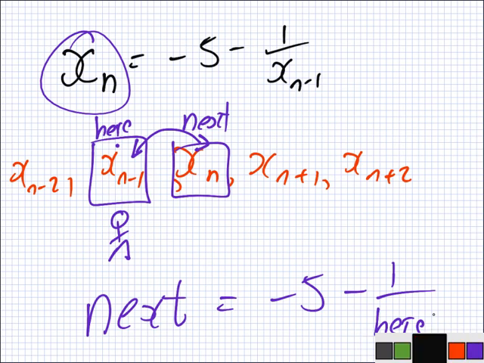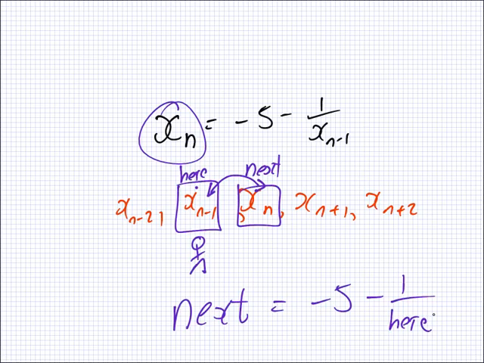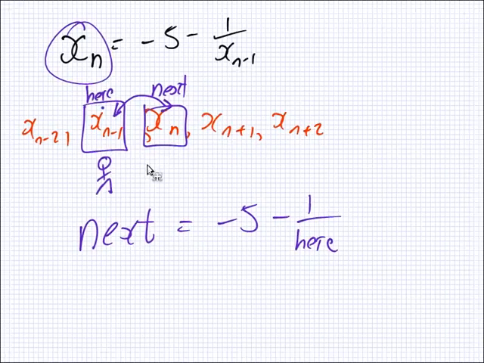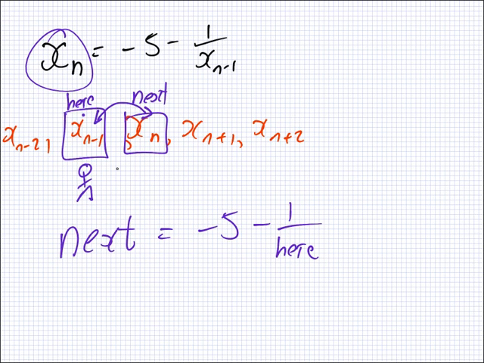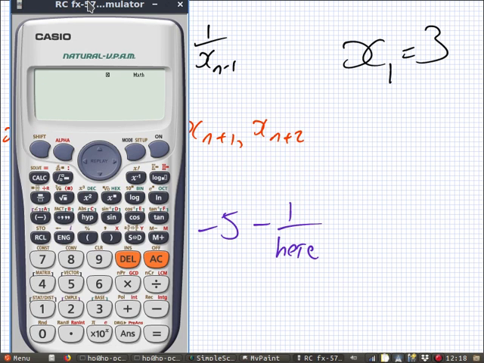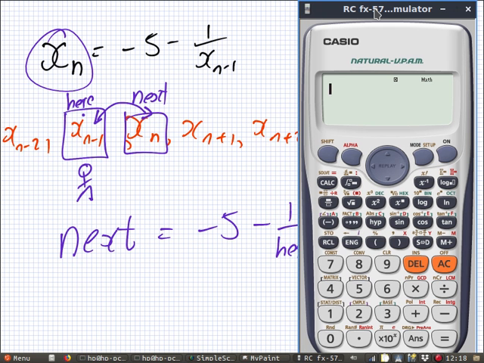Now, I'm going to show you how you can use the calculator to generate the terms rather quickly. I also need to tell you where to start. I'll tell you to start at 3. Watch carefully. It works on any calculator.